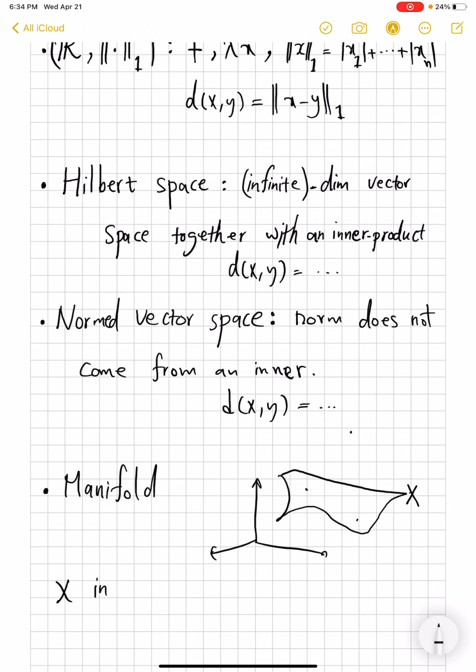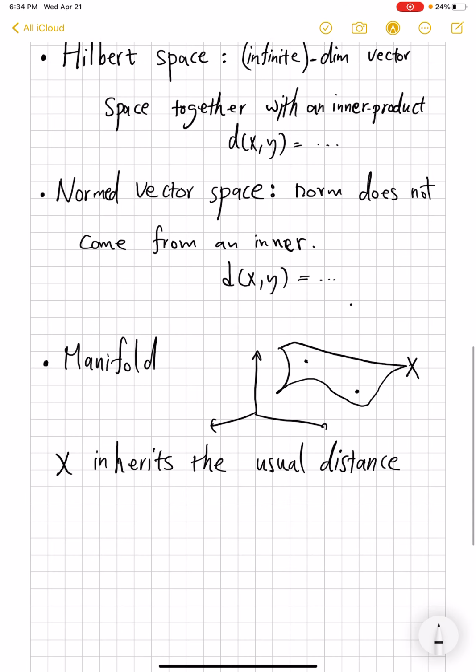So X sitting inside R3 inherits the usual distance. That means if you want to say how much the distance of x and y is, you regard them as points in R3. But there is no notion of adding vectors within X. So per se, X is not a vector space equipped with a norm, so definitely the distance has nothing to do with a norm.